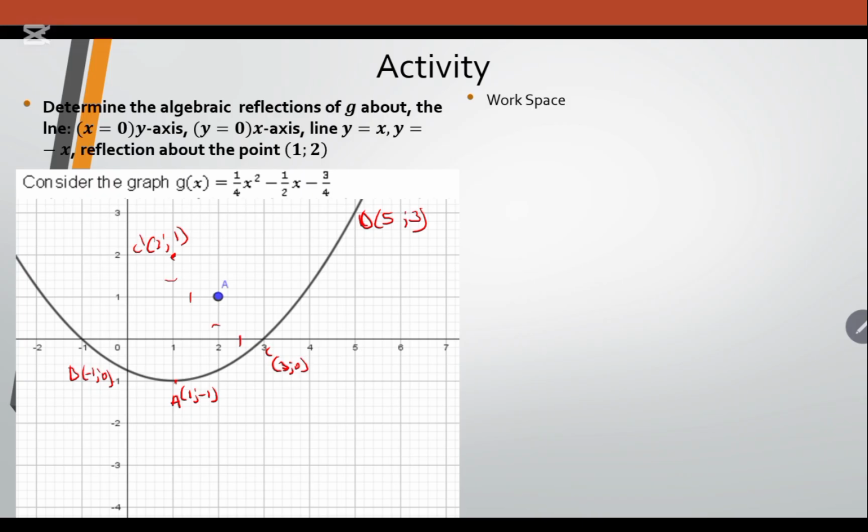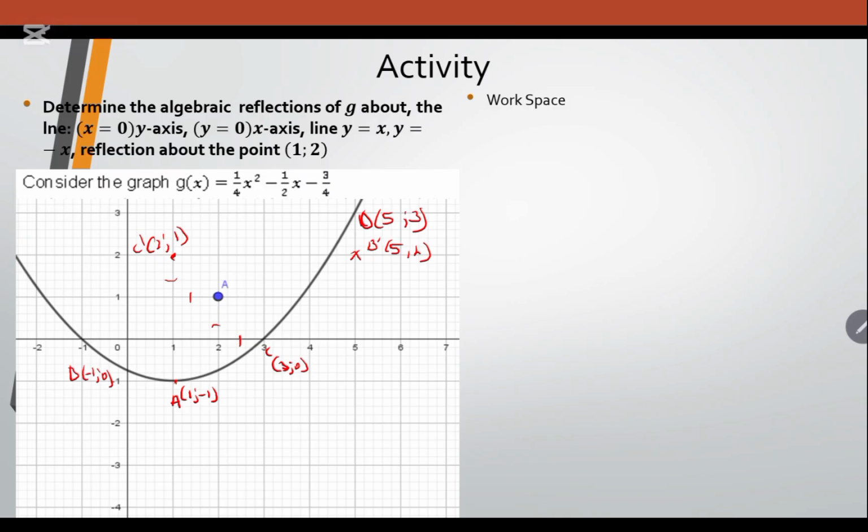Now the image of B is -1. So this point moves 1, 2, 3 units to the right and 1 unit up. So from point A, I'll move 3 units to the right, 1, 2, 3, and 1 unit up. So that point lies here. So this is the image of B, which is 5 and 2.